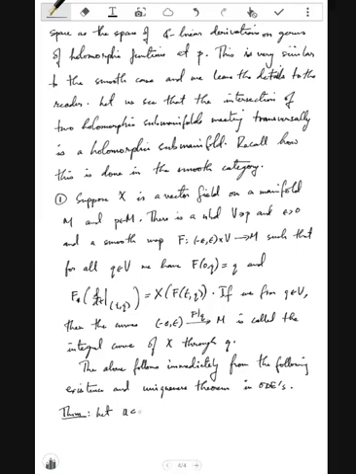Let U contained in R^n be an open set and I contained in R be an interval.